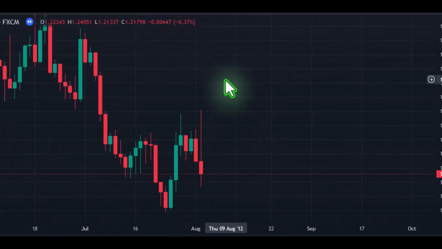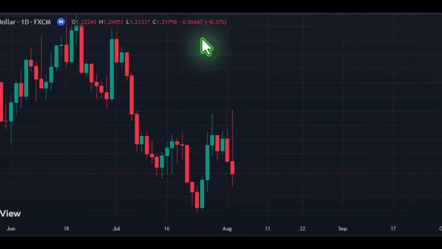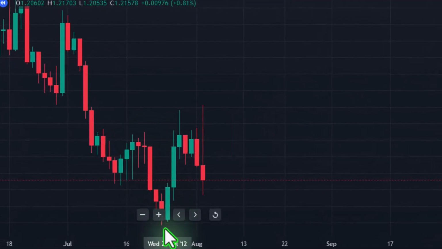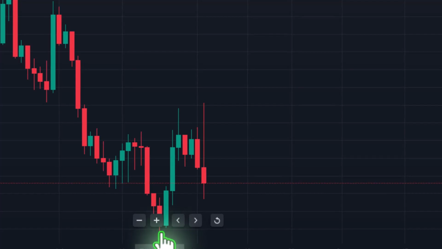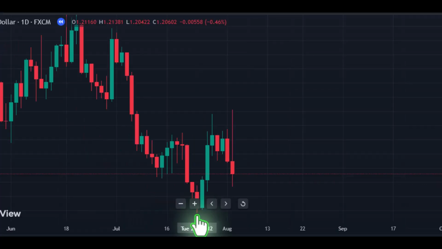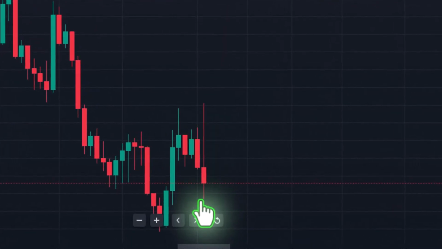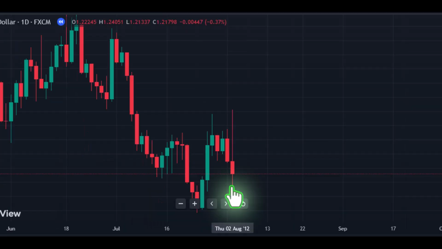So another one I want us to look at is the inverted head and shoulders. After this sustained bearish move, price came here, found support, rallied up, and came down all the way to this place, formed another support before heading up here, and now price has come here, and possibly there could be another support formed here.